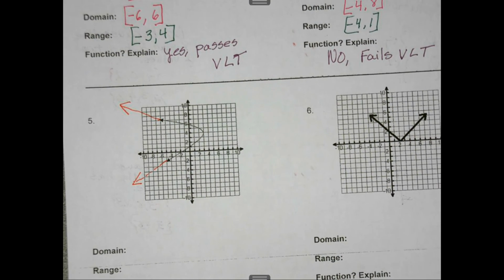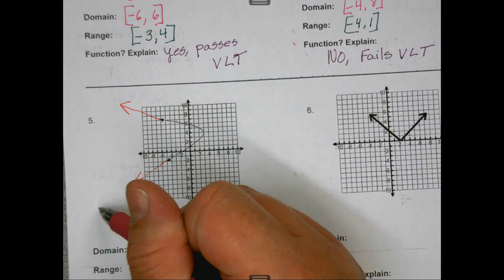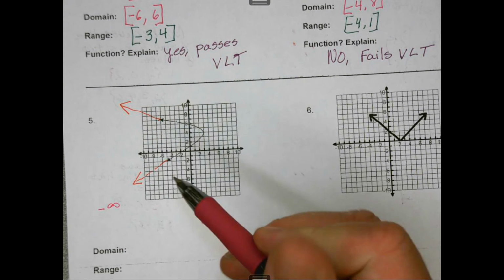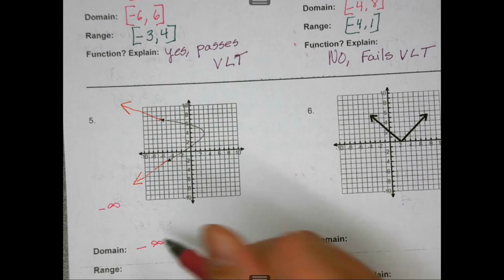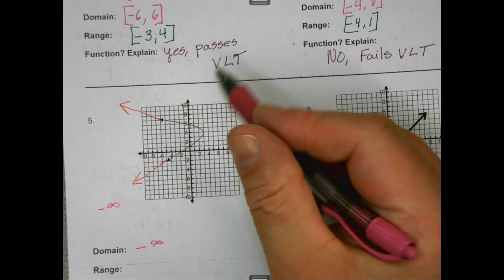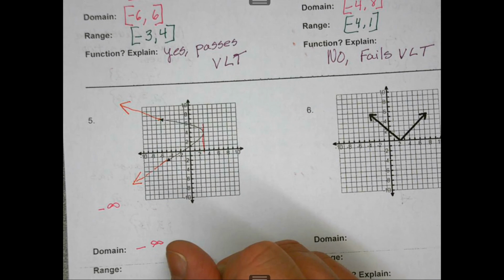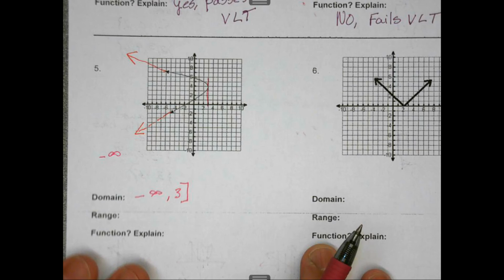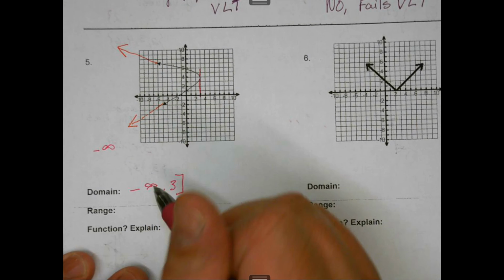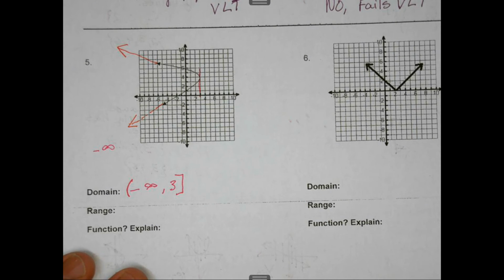So our domain, wow, if these go out forever and ever, goes from -infinity and it stops at 3 and includes 3. Now remember, I've talked about infinity. It could never include infinity, so infinities always get parentheses. Okay, so let's look at our range.